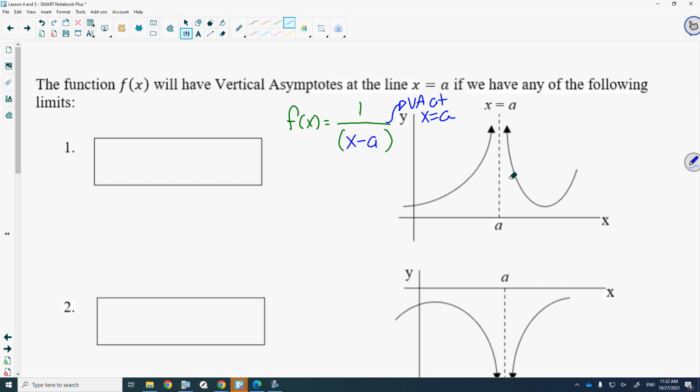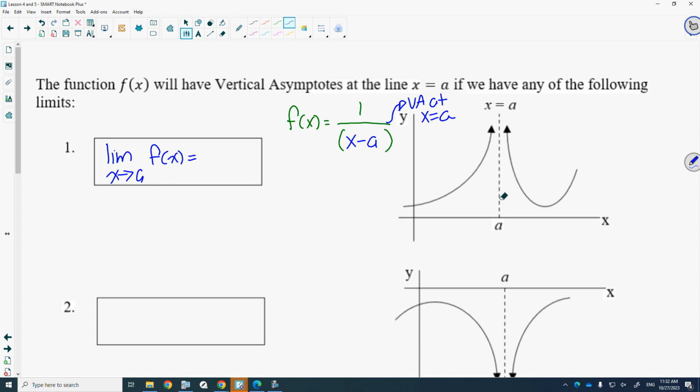So for this graph here, you're going to approach a from the left, and you're going to approach a from the right. What would the limit as x approaches a of this overall function be? What are the y values approaching for this one? Infinity.